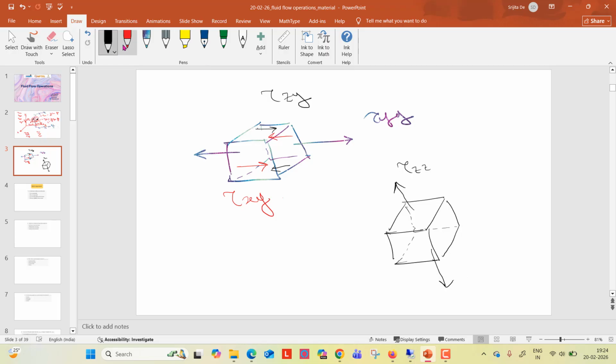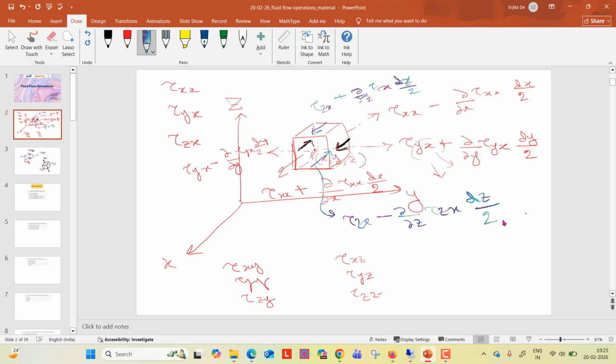Next comes, in the x direction, this is tau xz, and in this portion it is the tau yz direction, right? So these are all similar things.